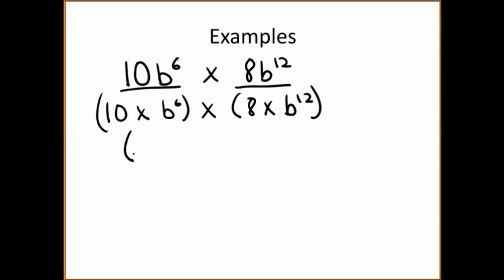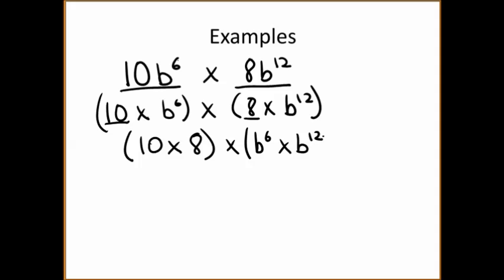So, first of all, our coefficients. We have our 10 multiplied by 8. And now we have our algebraic expressions. So we have our b to the power of 6 multiplied by b to the power of 12. Multiplying them out, we know that 10 by 8 is equal to 80.